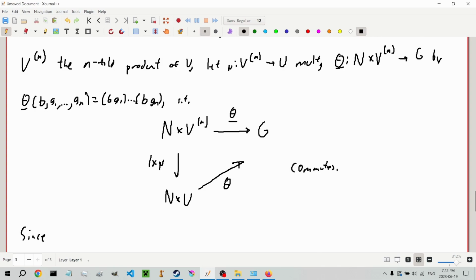And since theta underscore is analytic, to show that theta is analytic, we need this function mu from Vn to u to be a surjective submersion.